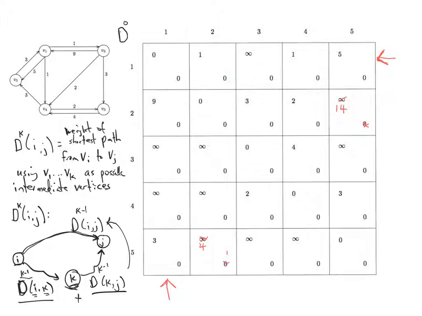Now, but this infinity doesn't, because when the value in the special row is infinity, there's not going to be any improvement. Okay, but this infinity is improved by 3 plus 1.